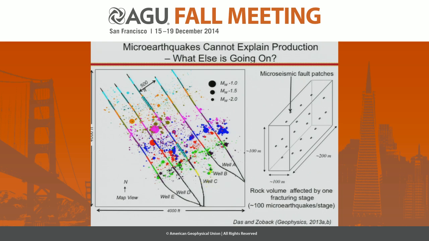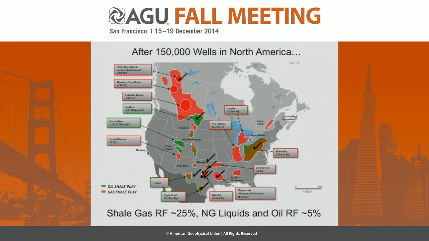Imagine the well going through the middle there in either direction. 100 one-meter-size little slip events doesn't touch very much of the reservoir. It's hard to see how they even touch each other and provide an interconnected flow path to the hydrofrac and back to the well.